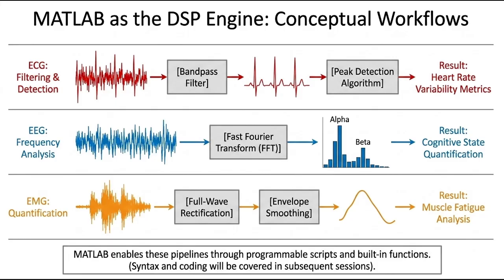For the conversion from time to frequency domain, you need transforms like fast Fourier transform. It helps to analyze the alpha and beta waves in EEG. Similarly, there is a muscle burst, as you can see in orange. You can see it, right? The muscle burst needs full wave rectification and envelope smoothing to ultimately give you a clear signal. That's how we can measure the muscle fatigue.